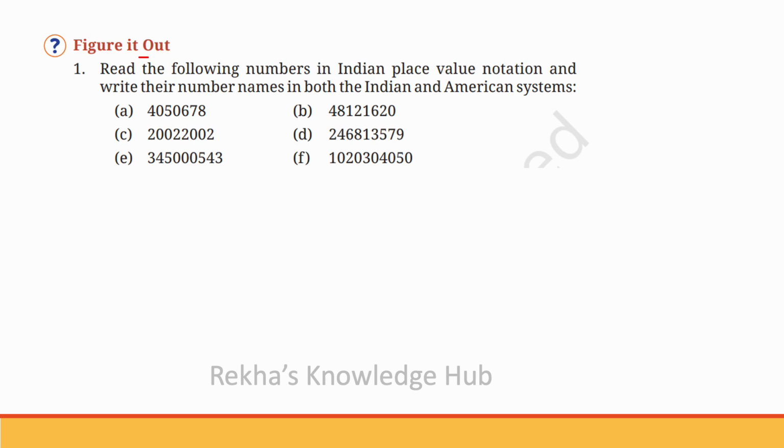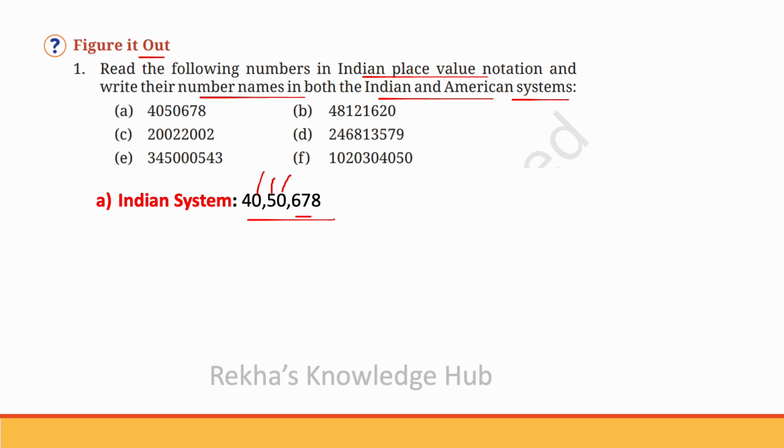Figure it out. Read the following numbers in Indian place value notation and write their number names in both the Indian and American systems. See first one, 4050678. So in Indian system, we will write like this. Put first comma after 3 digits from right, then put commas after every 2 digits. So 40,50,678. So the number name is, see, this is hundreds, then thousand, 10,000, then lakh, 10 lakh.